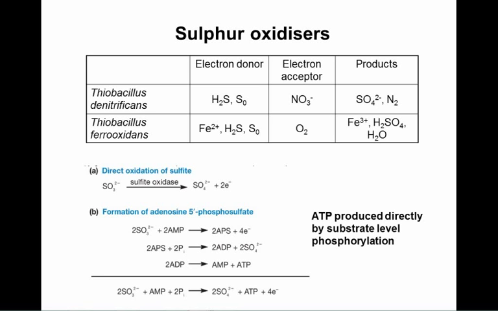They're going to have their sulfite to sulfate metabolism, which is going to produce ATP directly. Then the proton ATPase can work in the other direction, produce proton motive force. This proton motive force can be used to push NADH production, and you use that to perform carbon fixation.